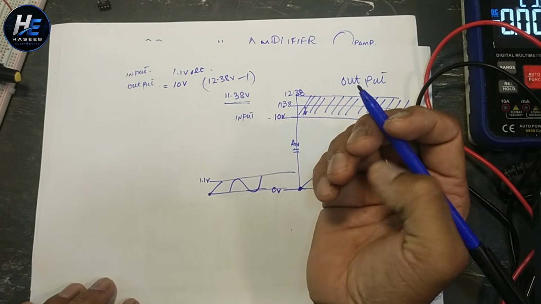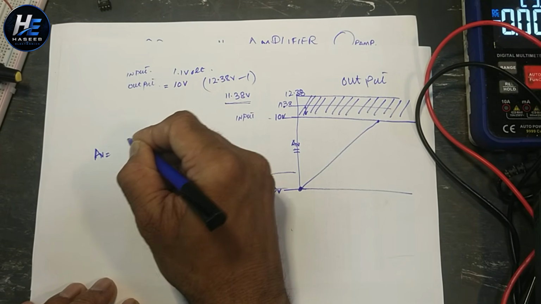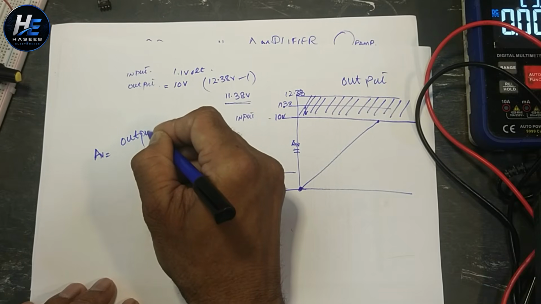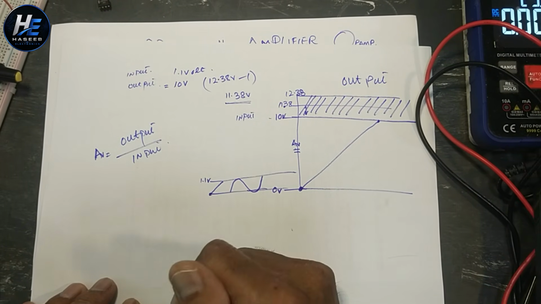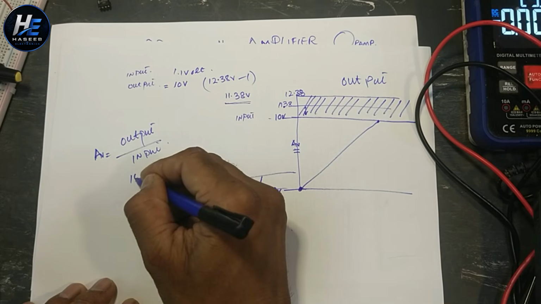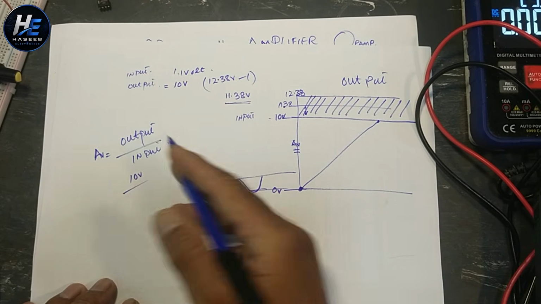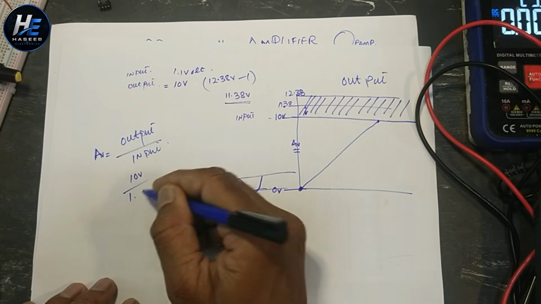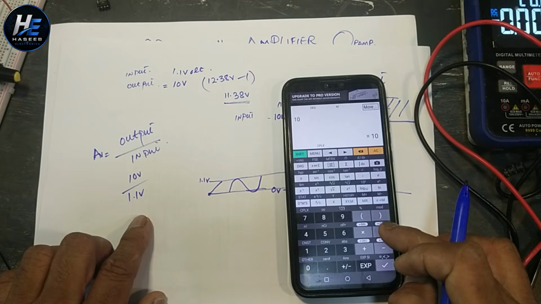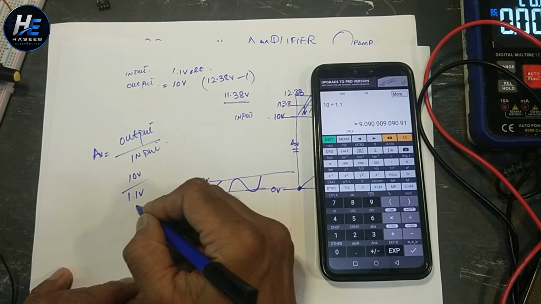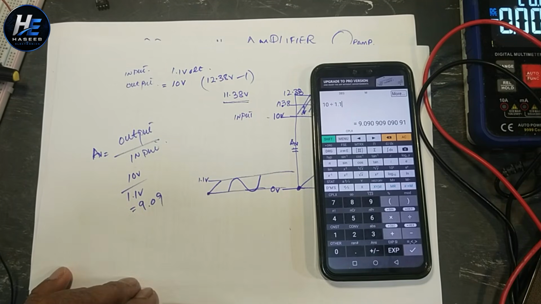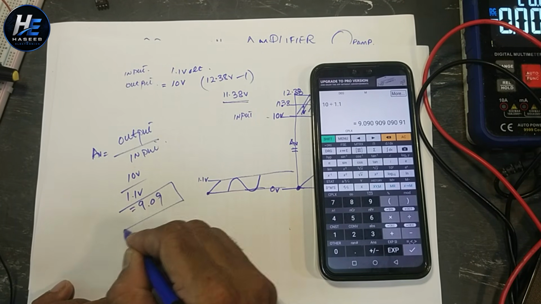What is our required ratio? Output voltage divided by input voltage. Output voltage 10 volt. Input voltage 1.1 volt. 10 divided by 1.1, we need gain 9.09. This is our required gain.